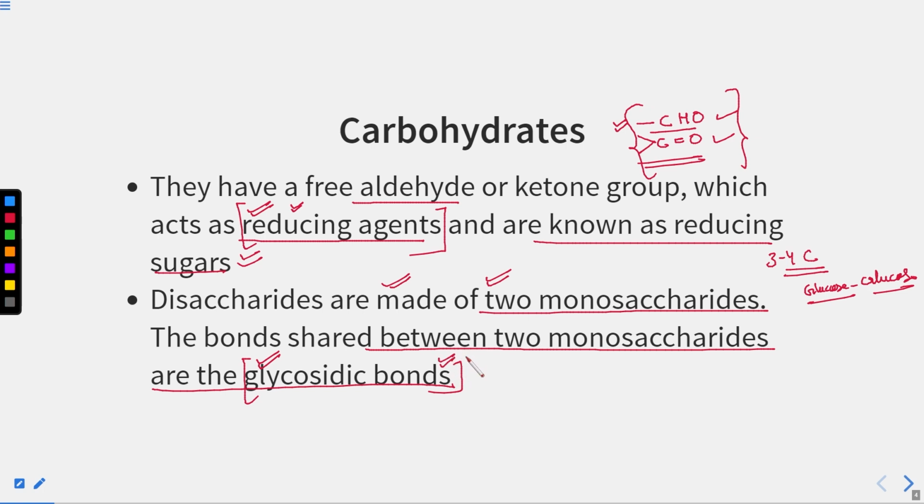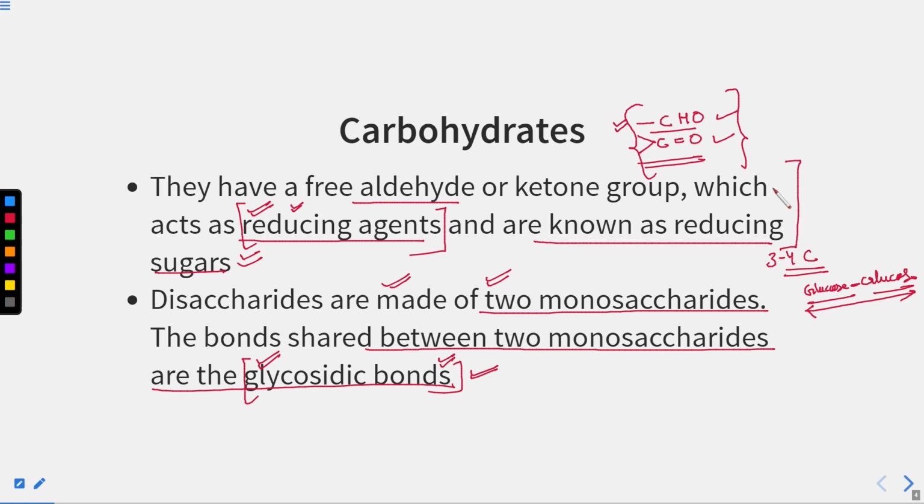If you remember, the glycosidic bond is also present in nucleotides: the bond between the sugar molecule and the nitrogenous base is a glycosidic bond, while the bond between the sugar and the phosphate group is a phosphate bond. So the glycosidic bond is present between two monosaccharides, and ultimately it forms the disaccharides. This is very, very important.